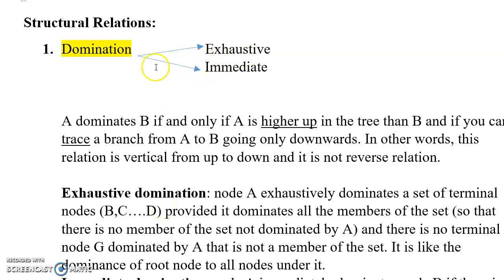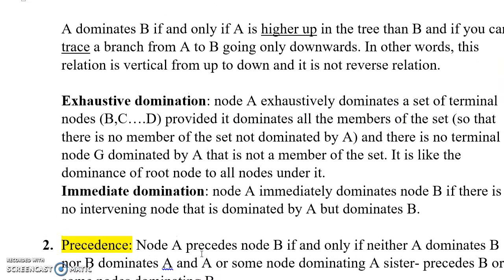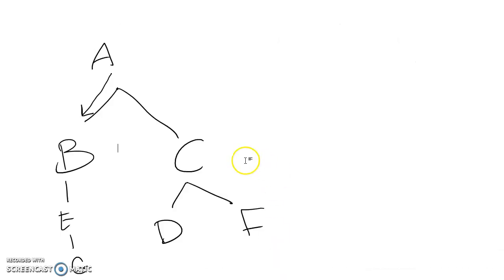Now in domination, we're talking about two types: exhaustive domination and immediate domination. Before going through these details, I'll give you something in brief. What is the meaning of exhaustive? It means that it controls the whole.